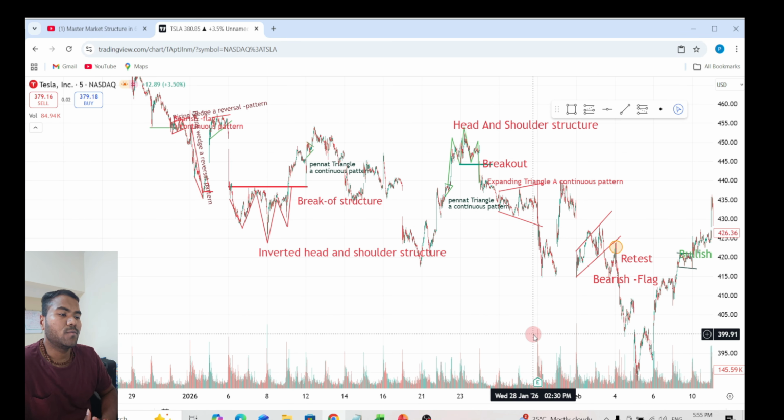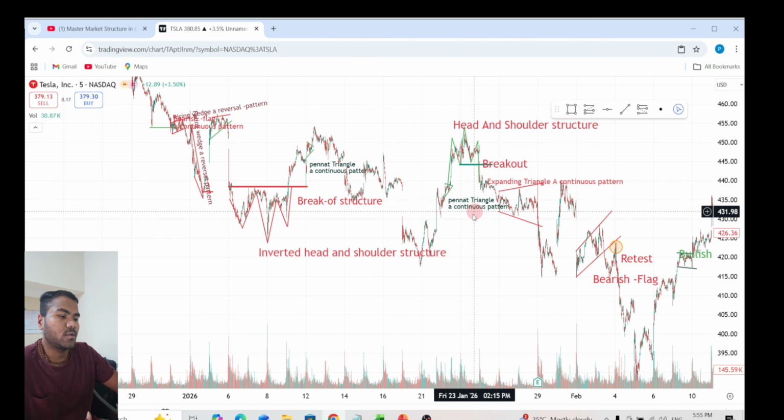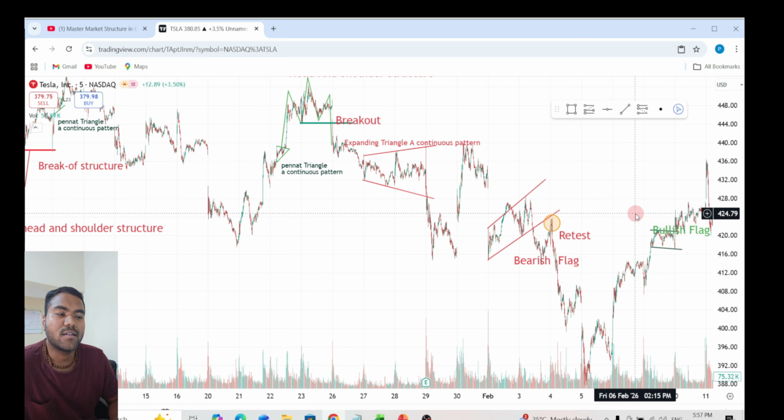So basically we covered most of the pattern formations for the downtrend and uptrend, and we also covered two structures, which are head and shoulder and inverted head and shoulder. So friends, you can find different types of patterns and structures on Google, but for me, showing this in a live chart to you is very important, because you can know about patterns and structures easily from anywhere, but how does it work in market conditions? How are these patterns and structures traded?